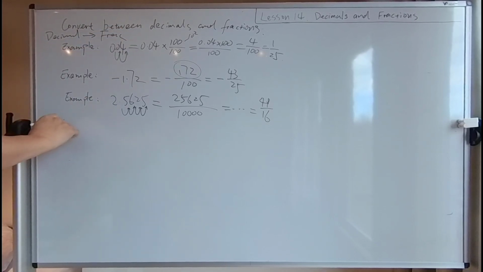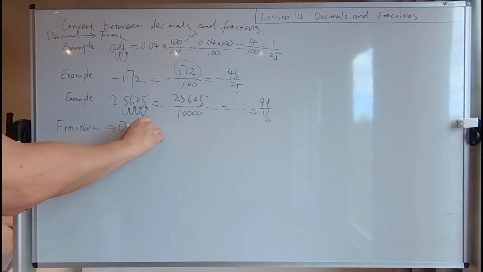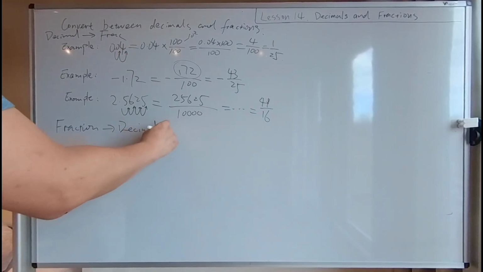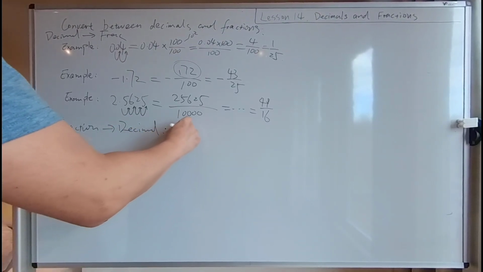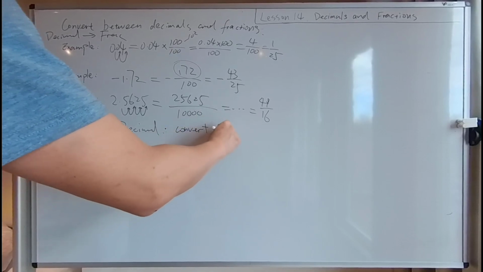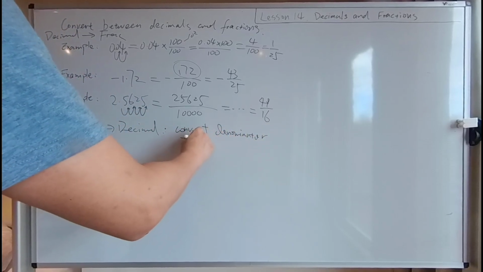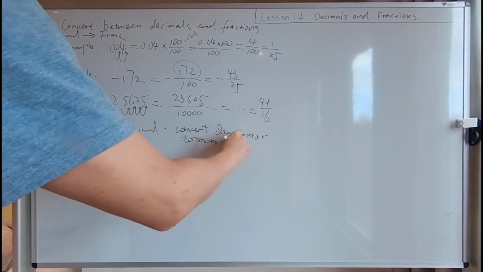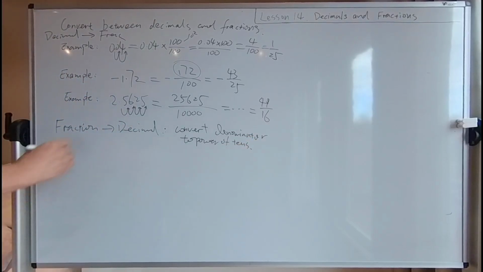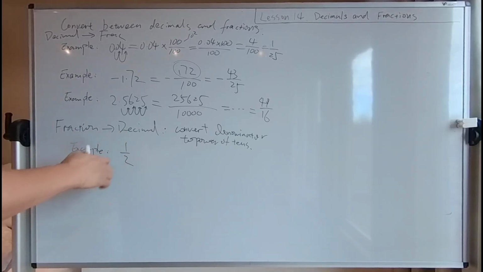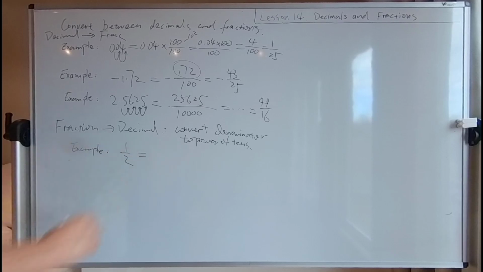Then similarly, for converting from fraction to decimal, one way is to convert the denominator into a power of ten. So for example, if I have the fraction 1 over 2, of course you can also use division, because this example is too simple.